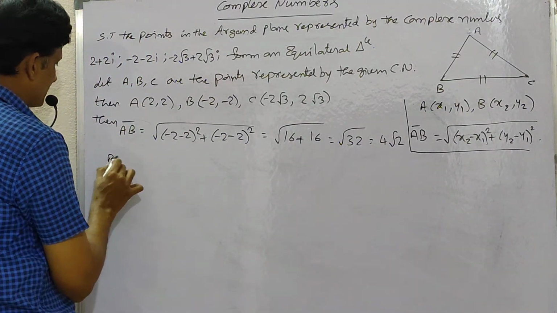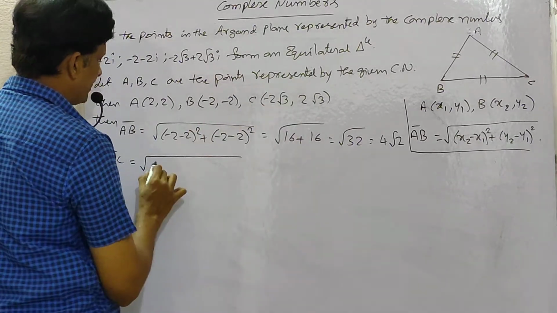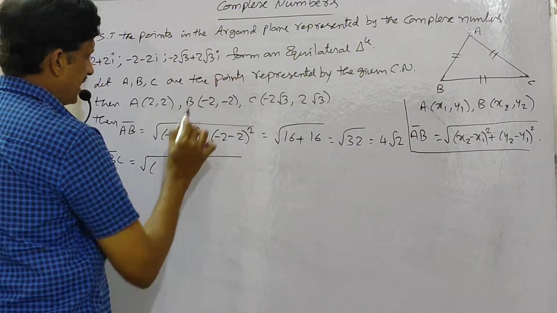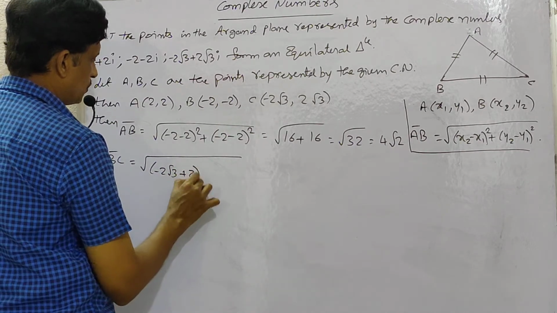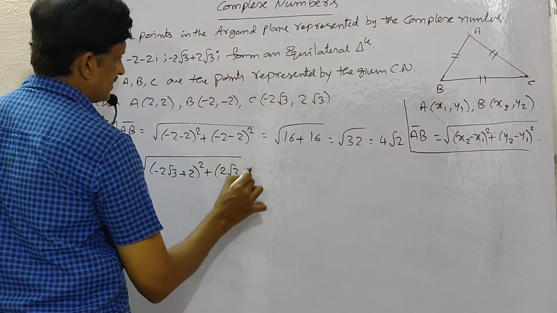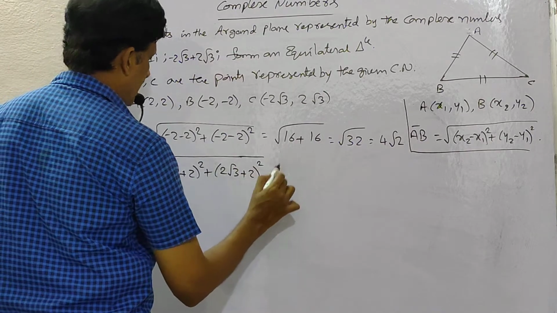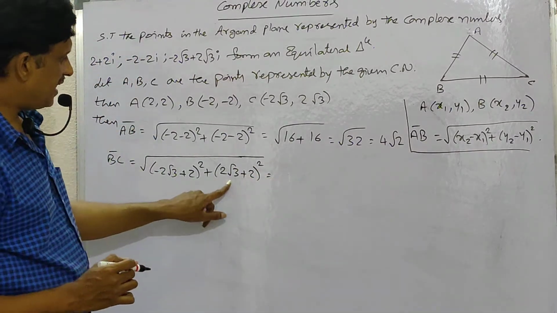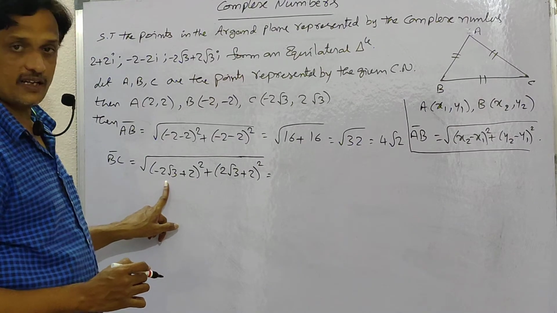Now find the length of the side BC. BC means consider these 2 points: minus 2 root 3 minus 2, that is plus 2, whole square, plus 2 root 3 minus 2, that is plus 2, whole square. This is in the form of (a plus b) whole square plus (a minus b) whole square.